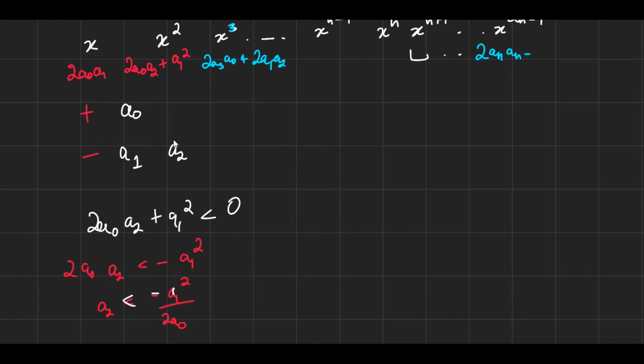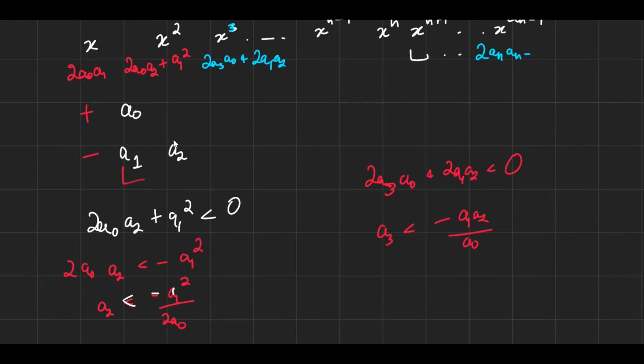Can I make the third one negative? Let's see. I have just an inequality 2a3 a0 plus 2a1 a2 is less than 0 to satisfy. If I just do some basic algebra, this is pretty much the same as me saying a3 is less than minus a1 a2 over a0, if I didn't mess that up.